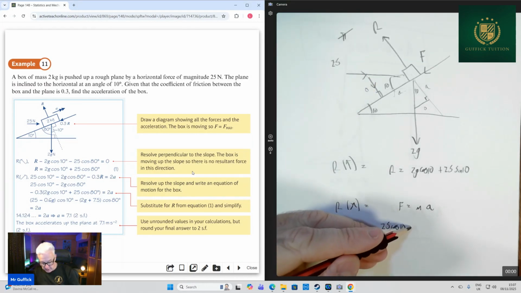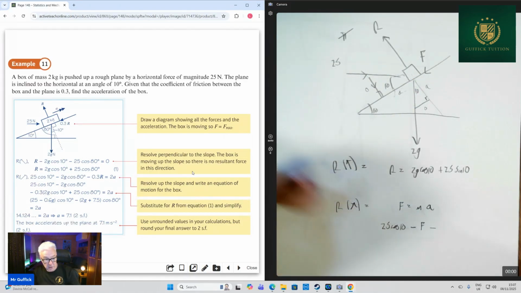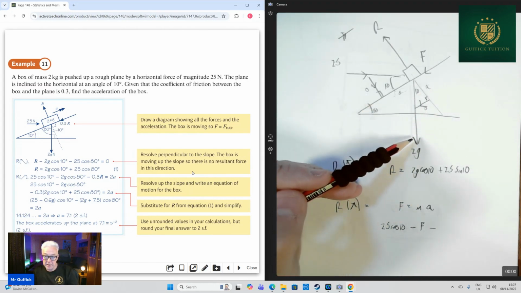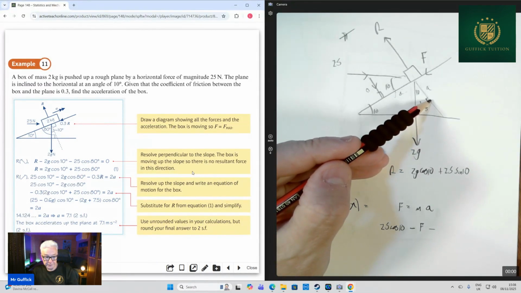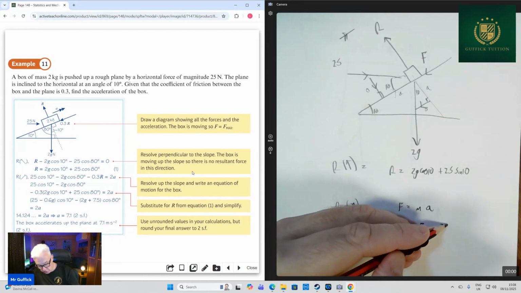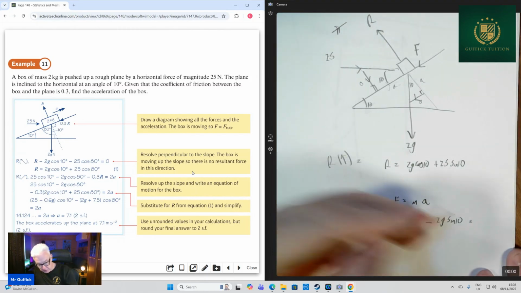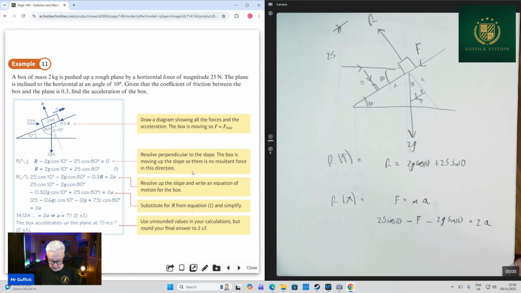We've got friction going down the plane, so minus F. And we've also got the component of the weight acting down the plane, which is 2g times sine of 10. They've written that as 2g cos 80, but that's the same thing as sine 10. This is equal to the mass, 2, times the acceleration, which is what we're trying to find. That's perfect.